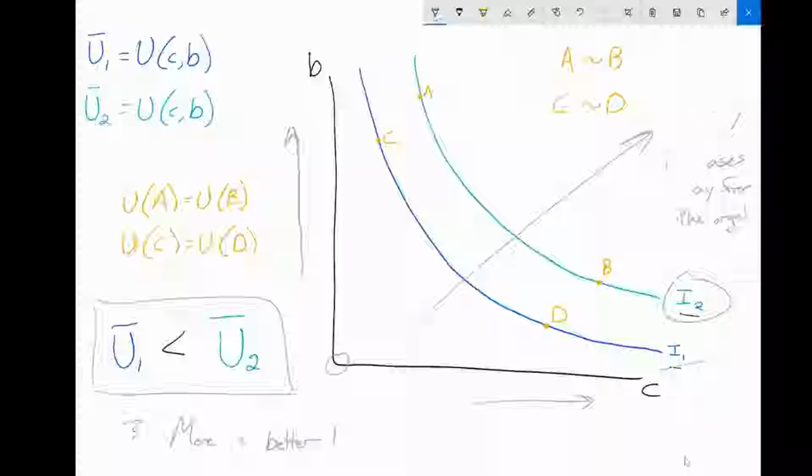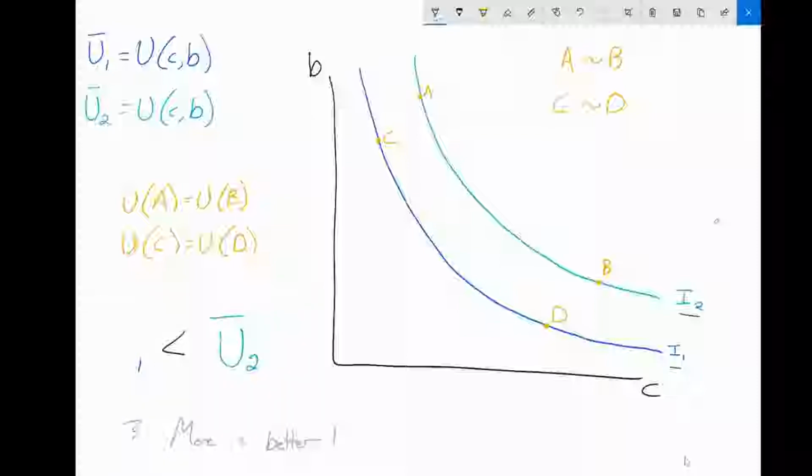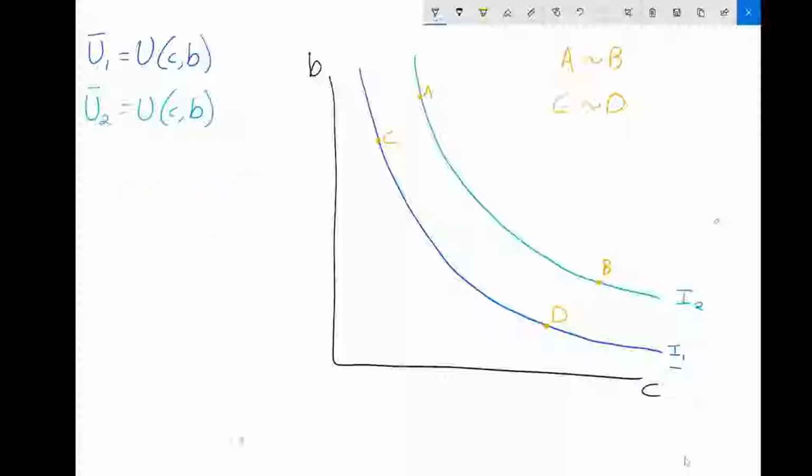I'm just going to do some erasing. All right, and I'm going to erase this indifference curve.